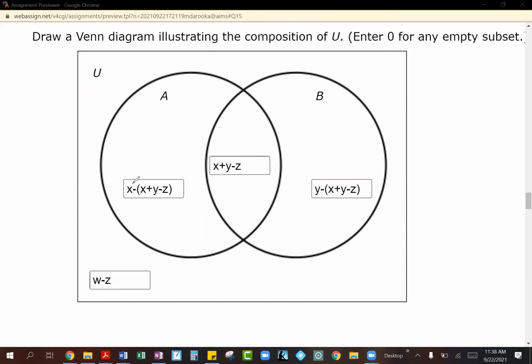And if you think about it, it makes sense, because we are basically saying z is the union of A and B. From A union B, if you remove set A, you're left with set B, which gives us this area over here.